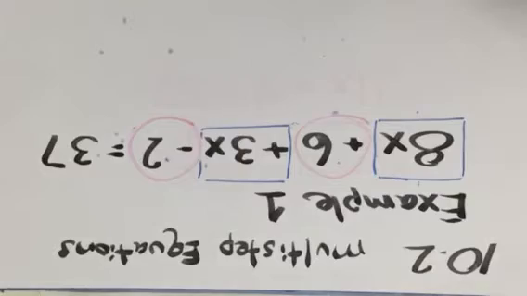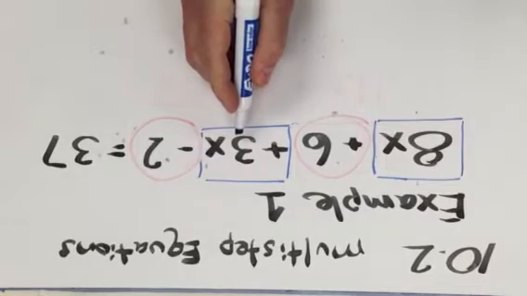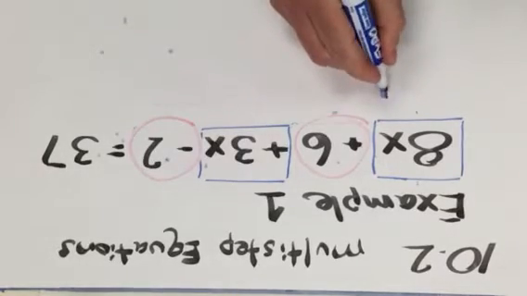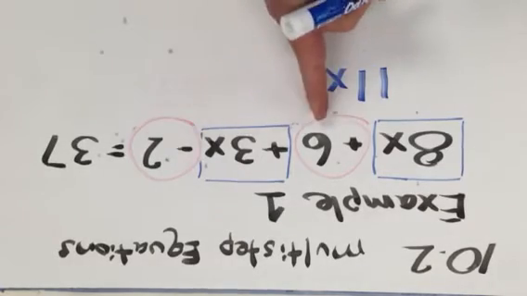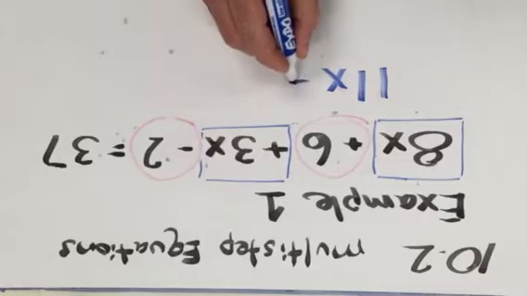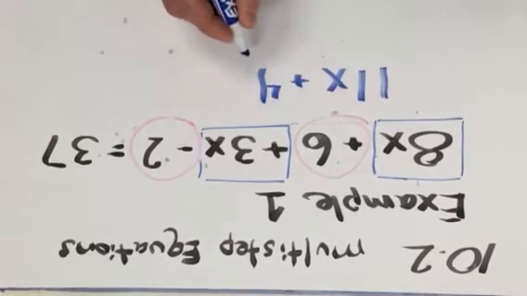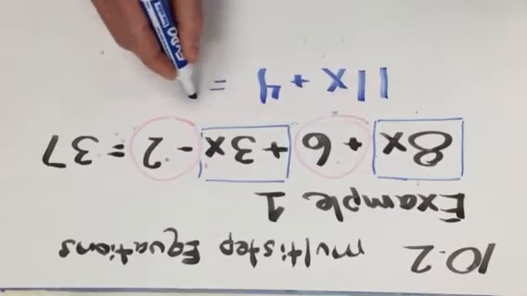When we combine 8x and 3x, that gives us 11x. Combining 6 positives and 2 negatives gives us a positive 4. We haven't done anything with the 37, so we can just bring that down.